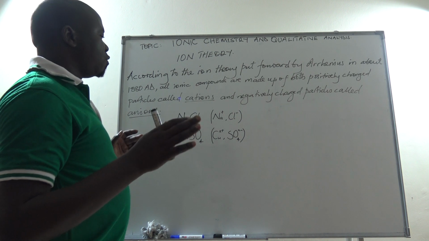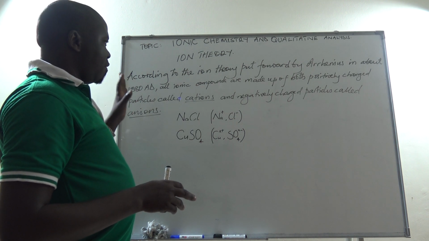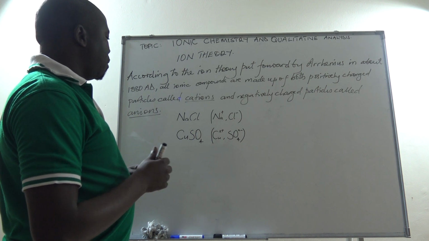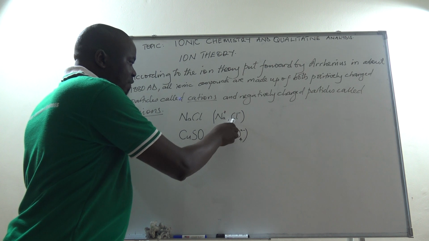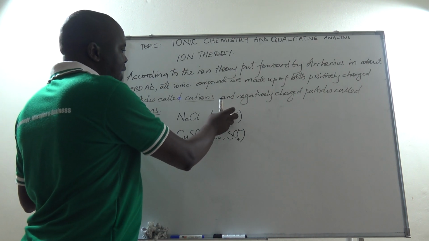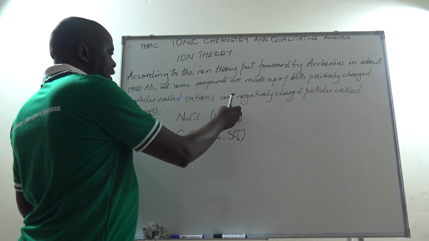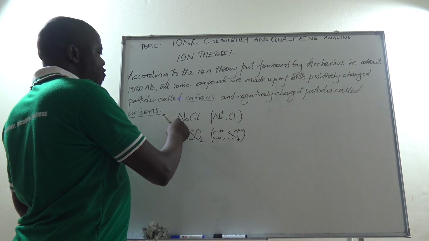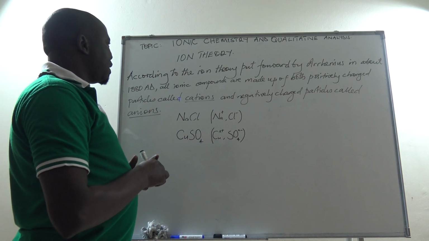So I don't want us to forget this, that in every ionic compound we have both the positively charged cation and the negatively charged anion, and since they have the same number of positive and negative charges, they simply neutralize and give us a neutral ionic compound. So that is what we call the ion theory.